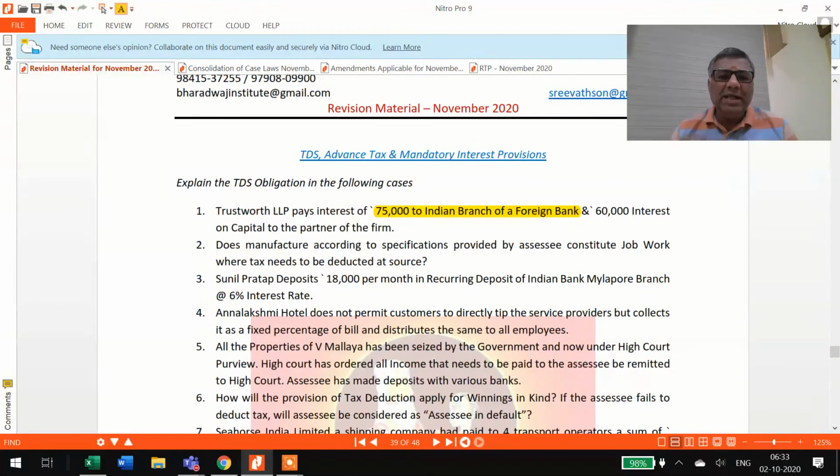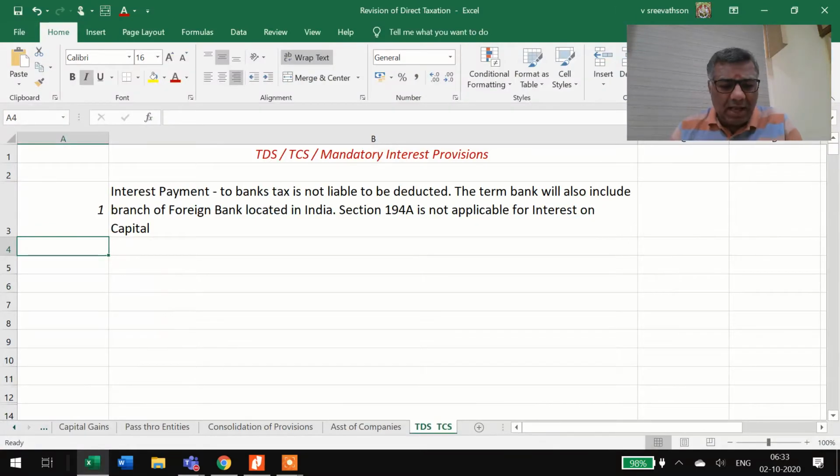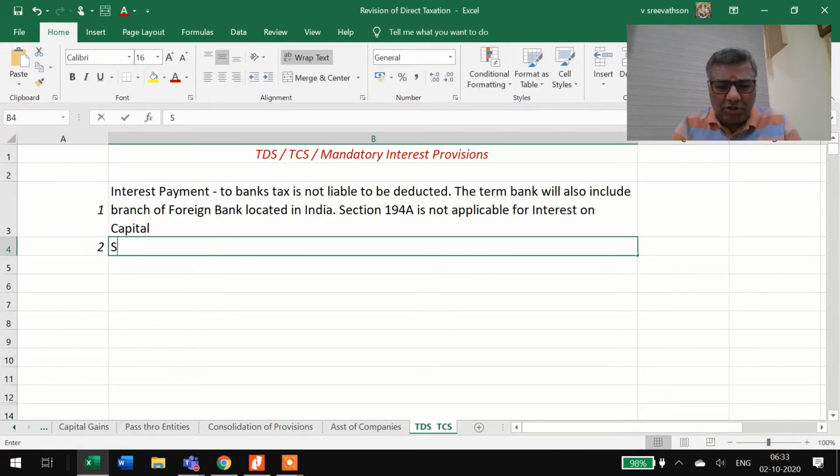Second, does manufacture according to the specification provided by the assessee constitute job work, and whether tax needs to be deducted. I am answering this in the context of section 194C, which tells what is works contract.